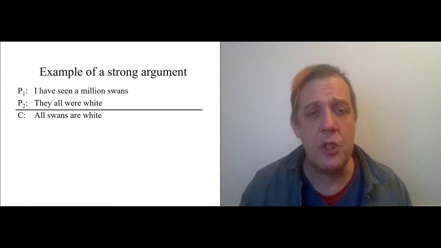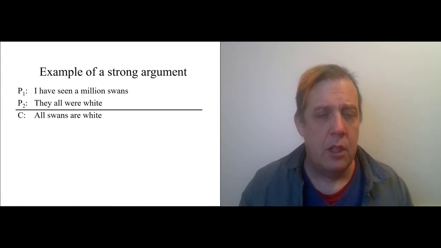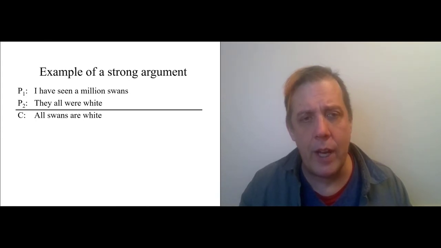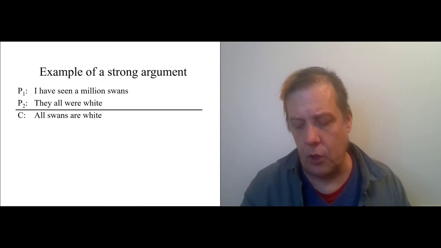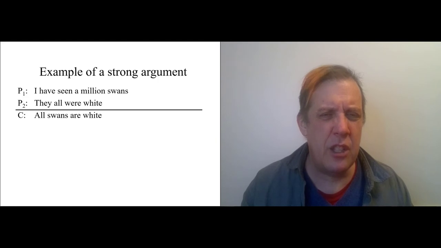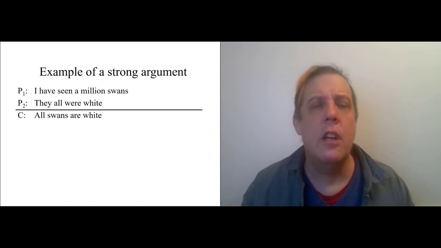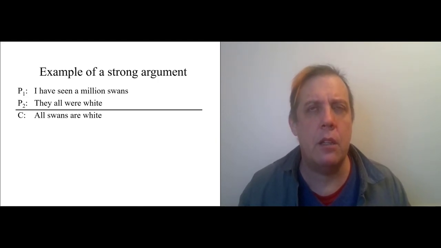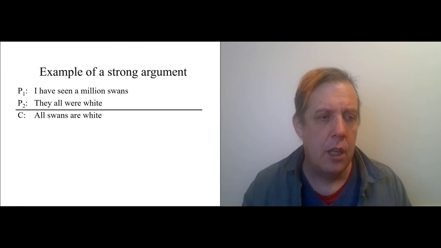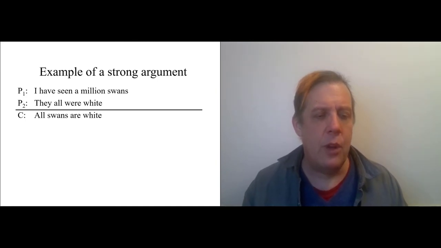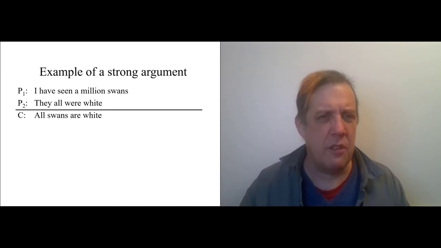Here's an example of a strong argument. I have seen 1,000,000 swans. They all are white. Therefore, all swans are white. This has been an example of an induction for the longest time because in Europe, all the swans are white. And so when a European, a Dutch guy, I think, finally got to Australia and saw a black swan, you had like hundreds of years of this generalization.